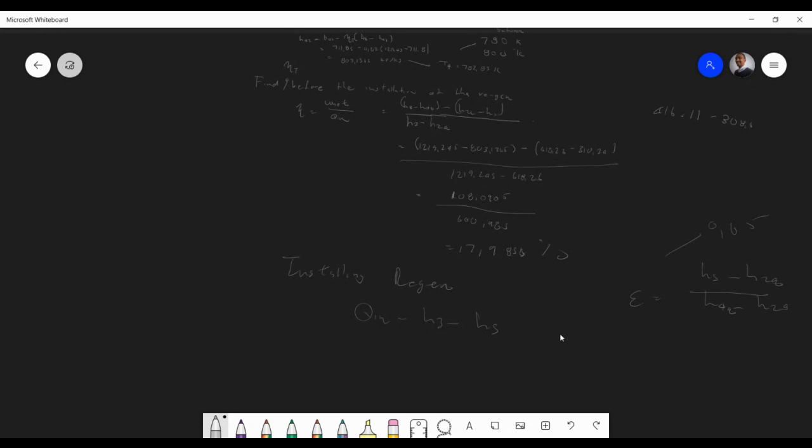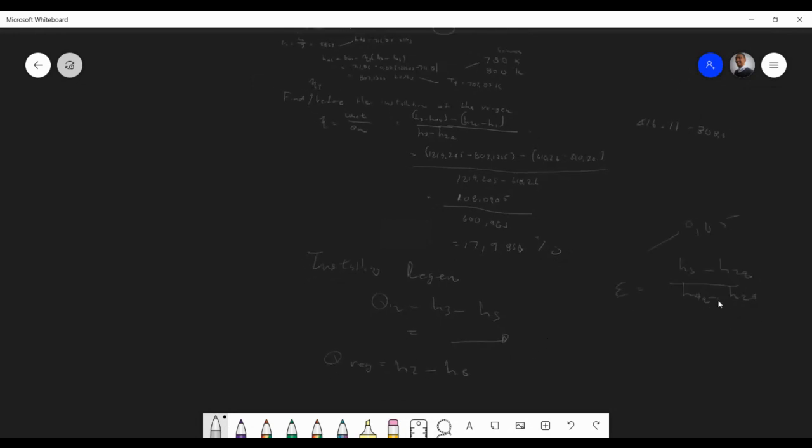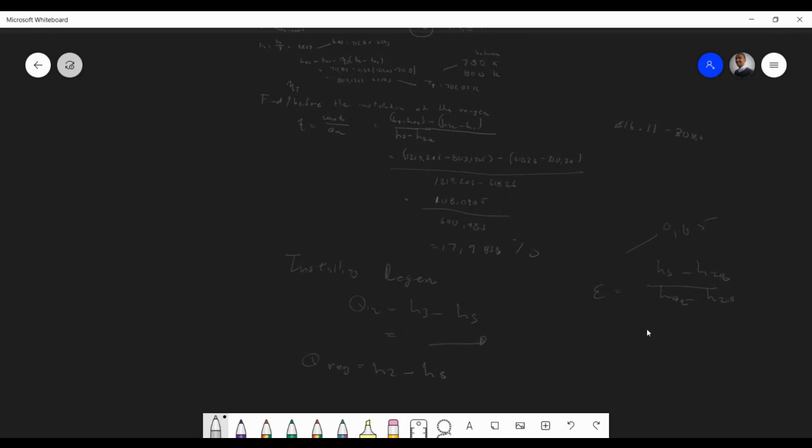Now you can see our new Q in. If I want the Q regeneration, how much heat was actually produced by the regenerator, the heat exchanger, that's going to be H2 minus H5, I think. Basically, how much energy was saved. So let's quickly get H5.